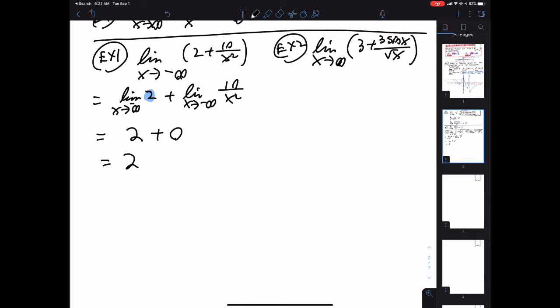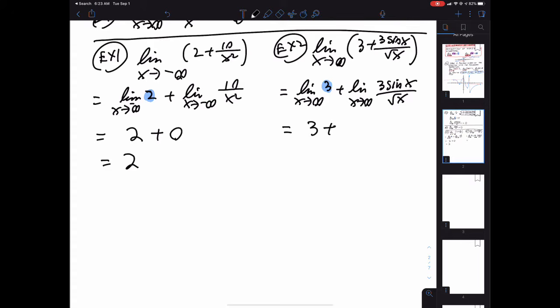All right. The next example, split it into 2 separate limits. 3 is a constant here, so the function always equals 3. No matter where you are, the function is 3. Now as we look at the next one, the top is bounded between +3 and -3.